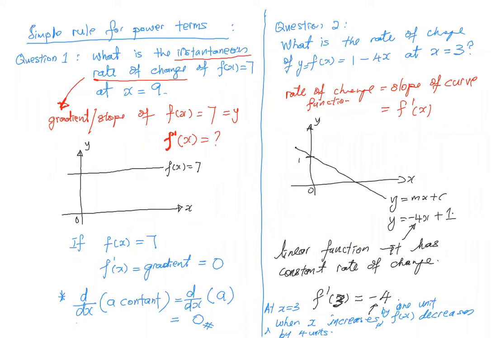So everyone, you don't just say derivative, derivative. Derivative means you are talking about rate of change. So you are talking about how, when x increases, what happens to y? What happens to f(x), or what happens to h(x), and so on and so forth.